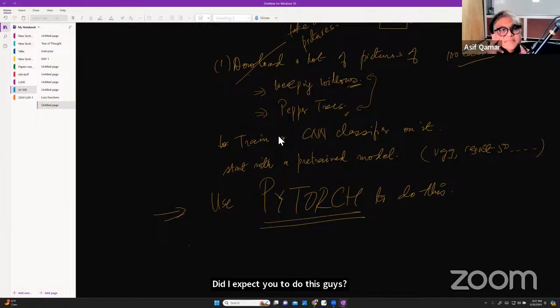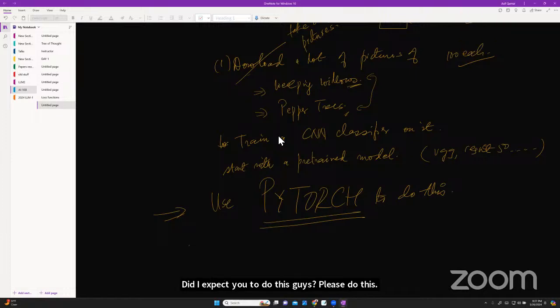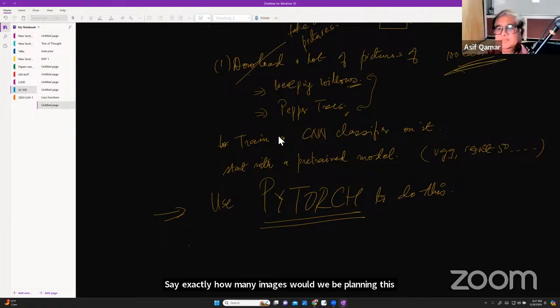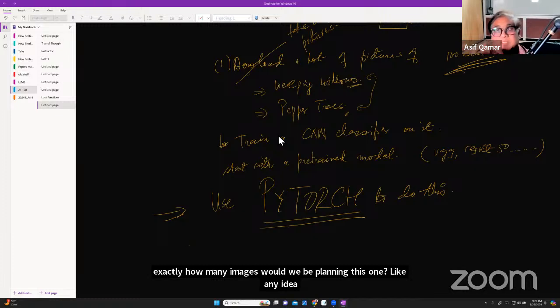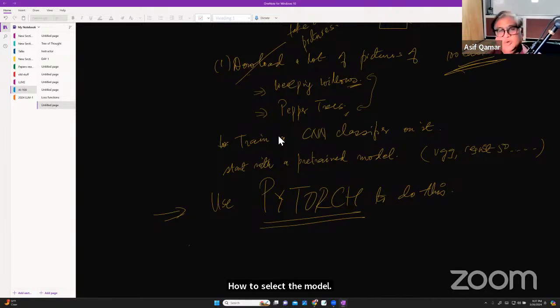Please do this. Asif, roughly how many images should we be training this on? Any idea? 100. 100, okay. Can you explain how to select the model? No, that's what I'm saying. As you go and look at pre-trained models, the good ones to pick are VGG, ResNet, etc. Start with a pre-trained model. You download that.